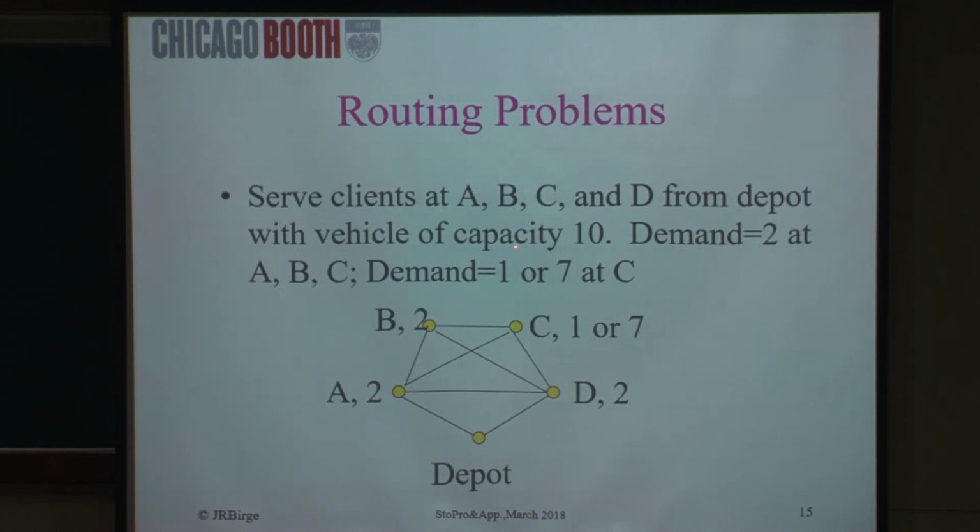Now, the problem is that my truck can only hold up to 10 of these units. Let's say it's thousands, so 10,000 liters. So it only holds 10,000 liters, whereas these have some variation of that.